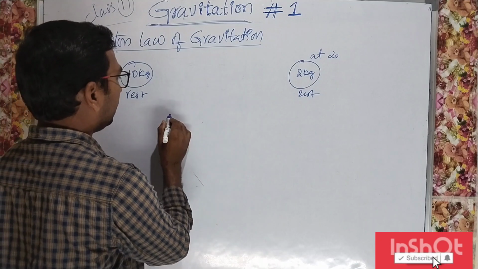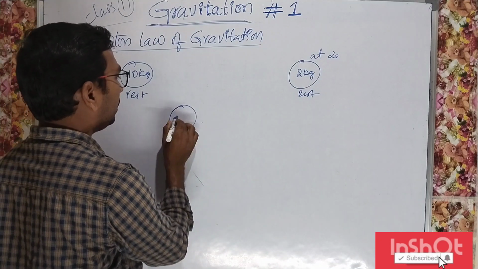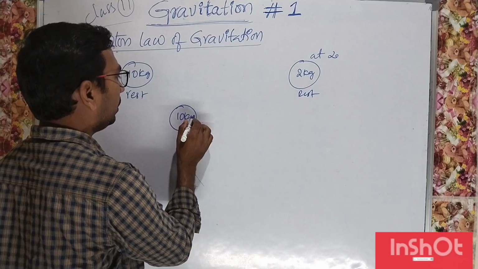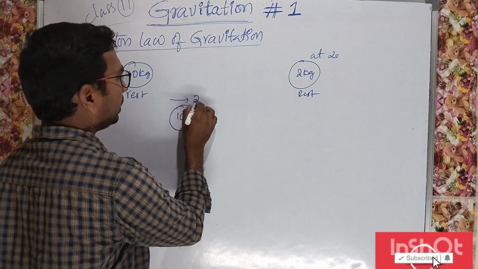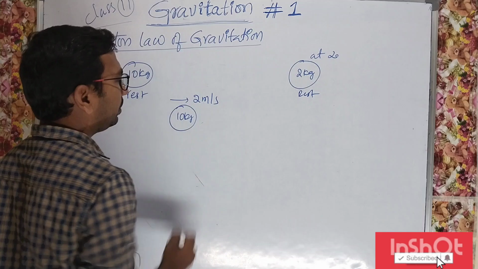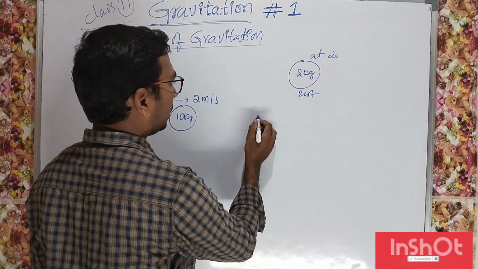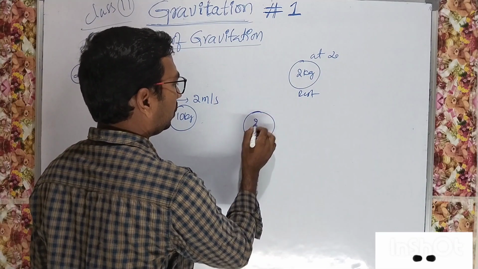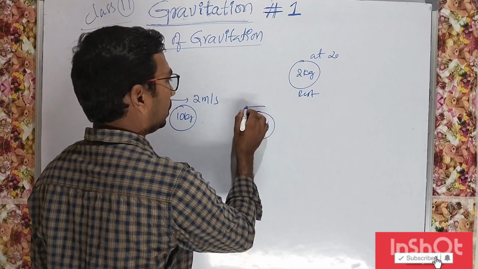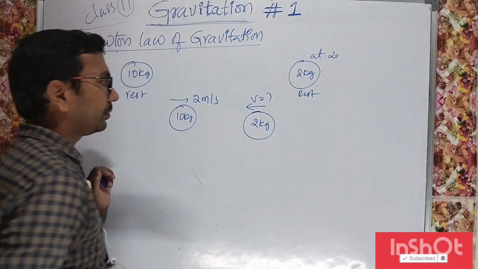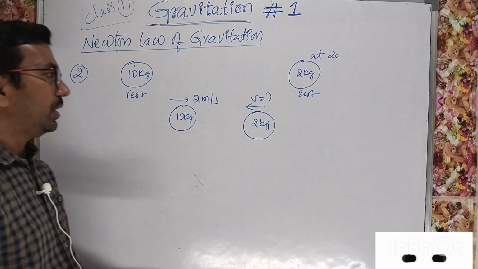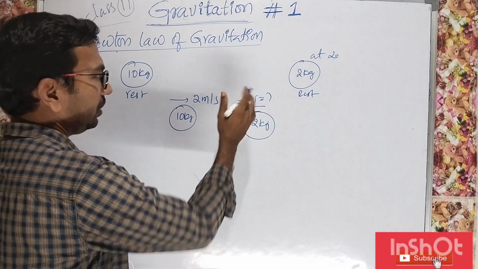When attracting, the 10 kg body moves with a speed of 2 meter per second. What is the velocity of the 2 kg block towards the 10 kg block? You can find out.